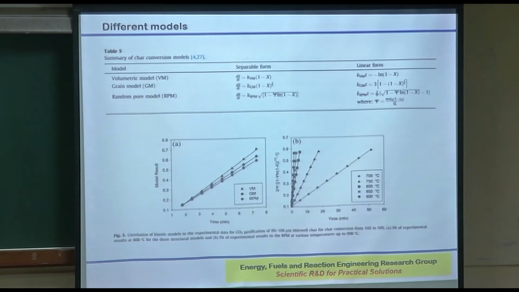It is unitless. If you fit the experimental data to the linear form of the different models in column 3, then it gives you a value for the left hand side: k VMT in one case, k GMT in another case, k times t, so rate times the time.